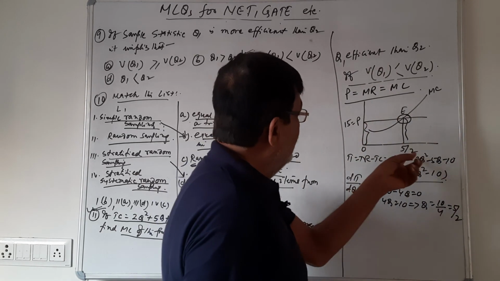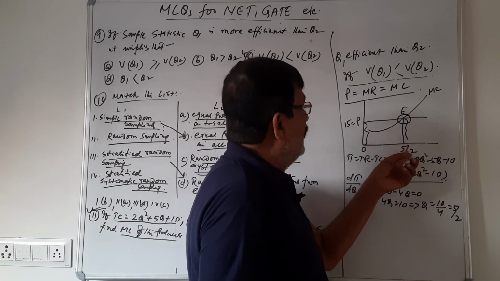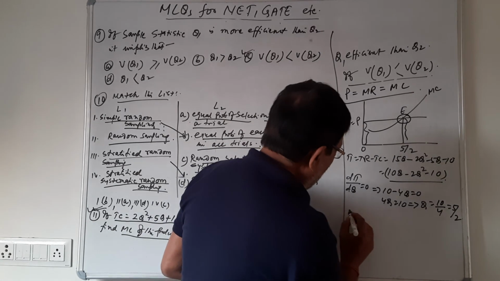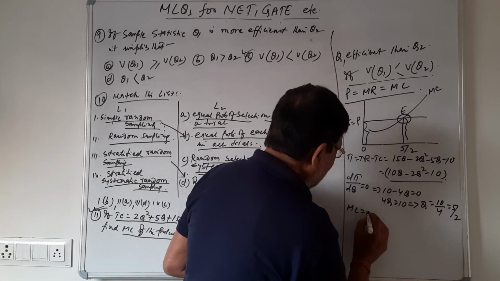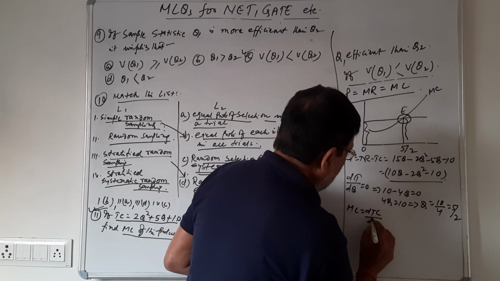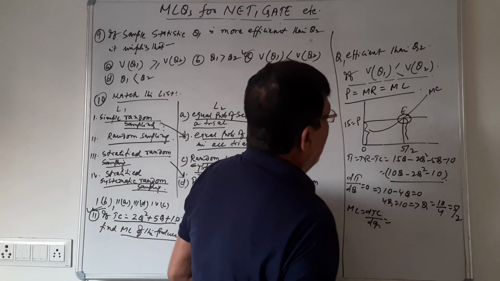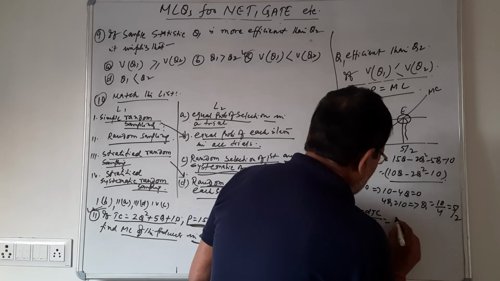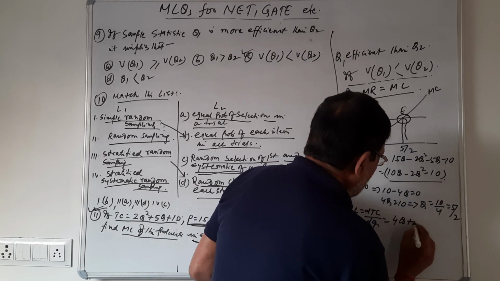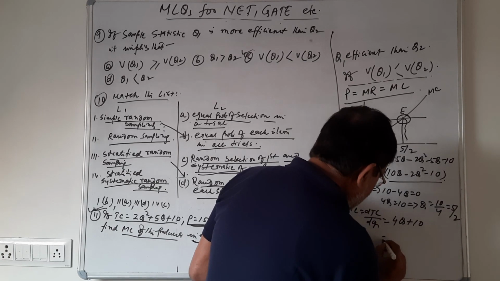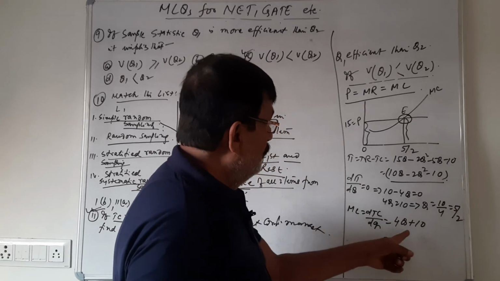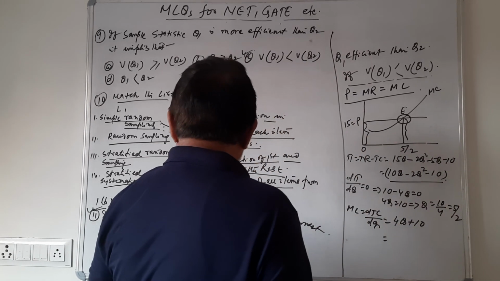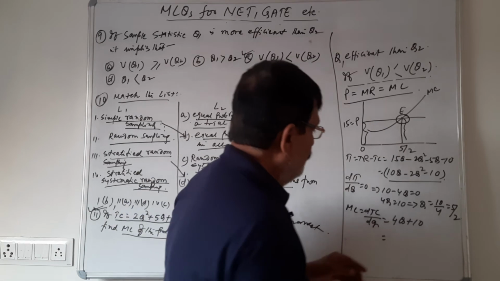Now if you put this Q value 5 by 2 in MC function, we shall get 15. It could be cross-checked. So MC is dTC by dQ, and TC is 2Q square plus 5Q plus 10. So this is 4Q plus 10. Now in this MC function, we must put the value of Q as 5 by 2, the equilibrium value, because here it has been asked to find MC in equilibrium.